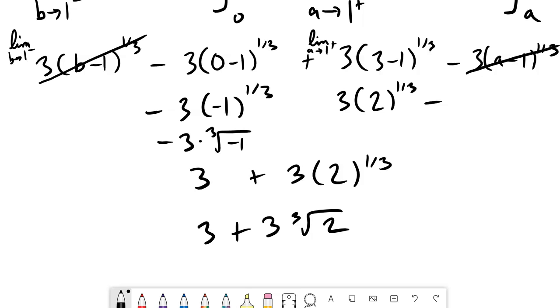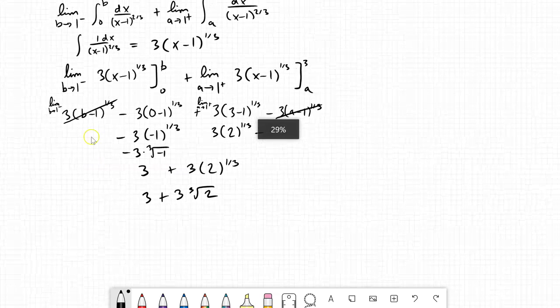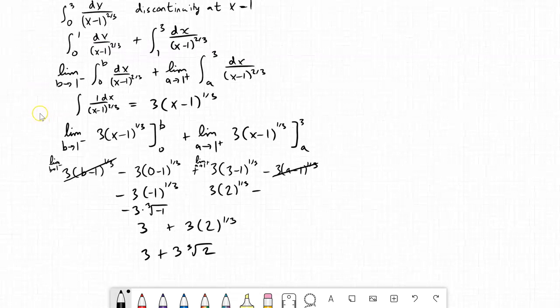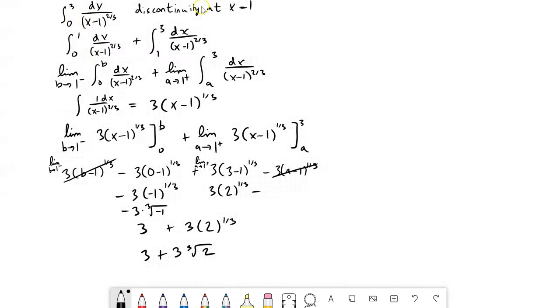So let's look back at this problem. I'm going to scroll out. There we go. Hopefully it's good. So this is the problem. We found that there was a discontinuity somewhere in the middle, so we had to break it down into 2 parts and then treat them like the endpoint problem, where we take the limit approaching from the left side and then approaching that same number from the right side. And then I just did side work here just to find the integral because it might get messy if I were to continue this line.